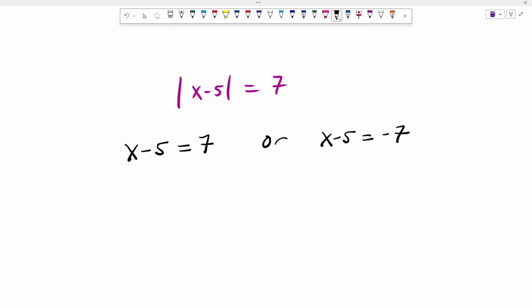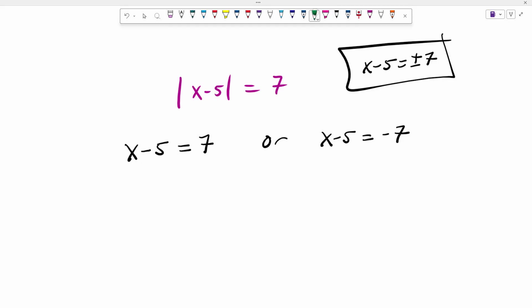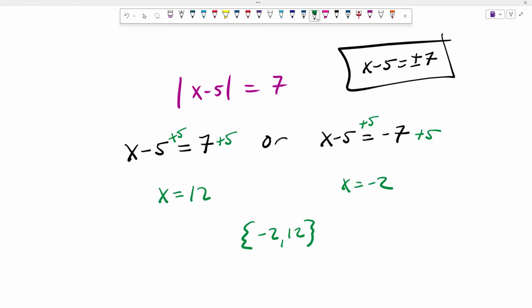That's the same thing as x minus 5 equals plus or minus 7, which is two separate equations. Once we get to two separate equations, we solve them separately. We got two solutions. We typically write them in numerical order, but it really doesn't matter. The order of a set does not matter.